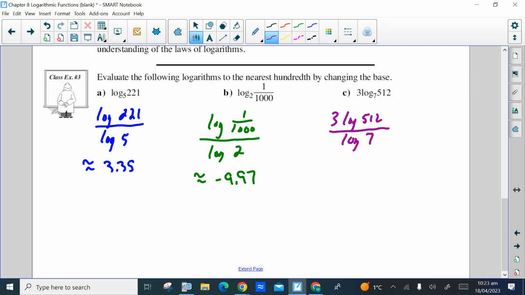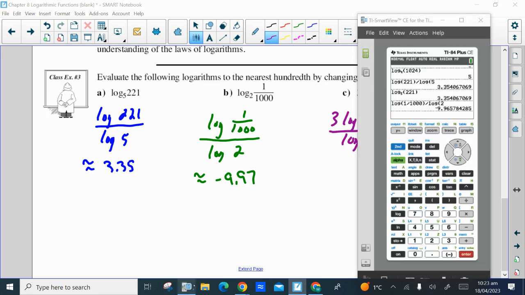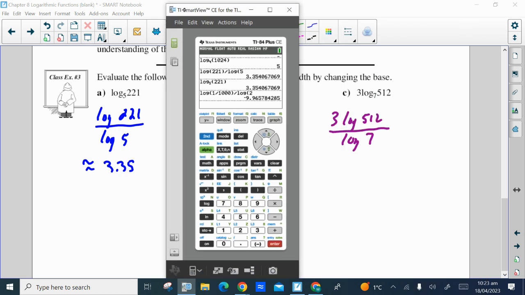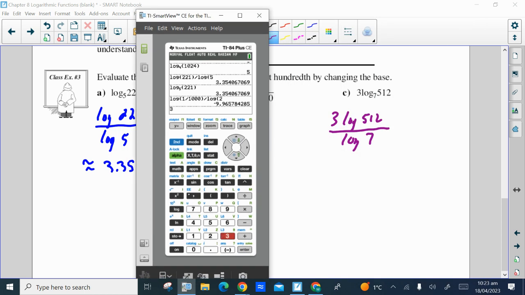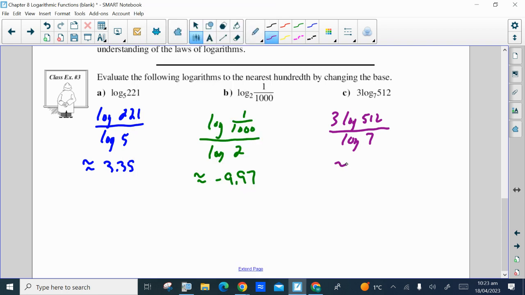The log of 7 on the bottom is multiplied by 1. So that'll give us 3 times the log of 512, close the bracket, divided by the log of 7, which is approximately 9.62.